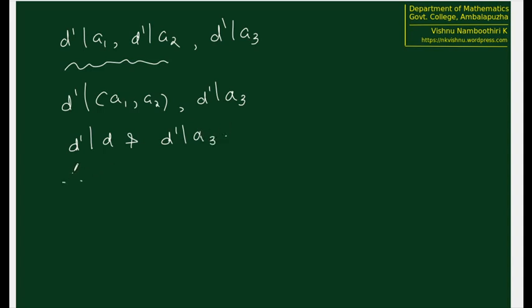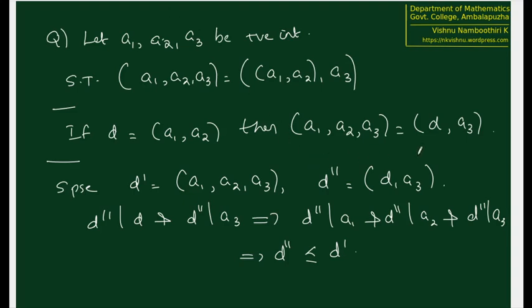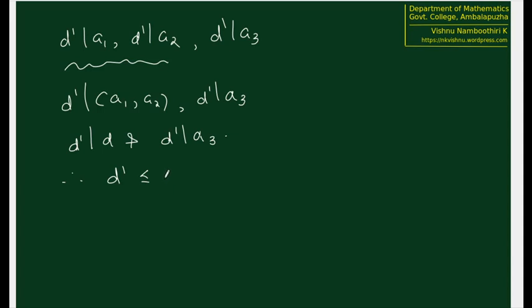Now D dash divides D and D dash divides A3, which means that D dash is less than or equal to the GCD of D and A3. But what is the GCD of D and A3? It is D double dash. Therefore, D dash is less than or equal to the GCD of D, A3, which equals D double dash.